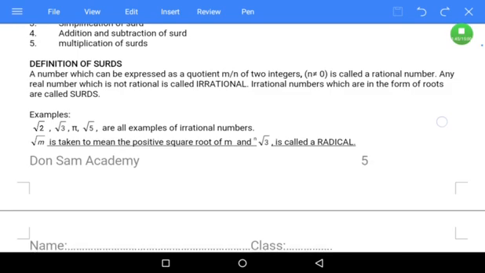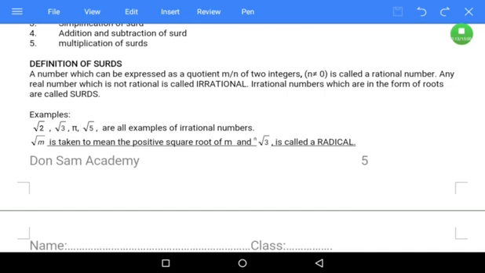Do you understand? Okay. Now, this study of surds is actually the study of numbers with square roots, making sure that those numbers are irrational. Do you understand? Alright, so now root m is taken to mean the positive square root of m, and root 3 is called a radical. For instance, if you have root 5, that is a surd. Can you see that? It's not possible for us to find the square root of 5 to get a whole number.